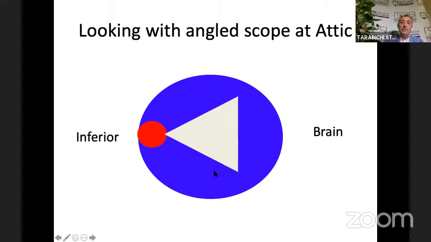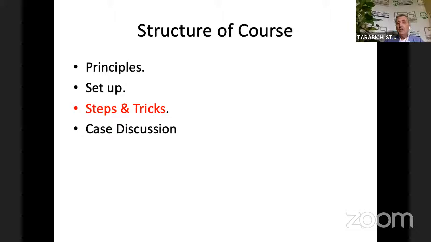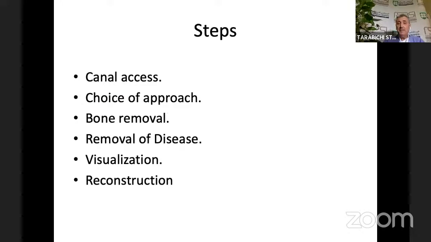So, steps and tricks. Since we're talking canal access, you really need to have a plan for your ear canal. You have to give the ear canal a lot more thought than you used to with traditional microscopic surgery.